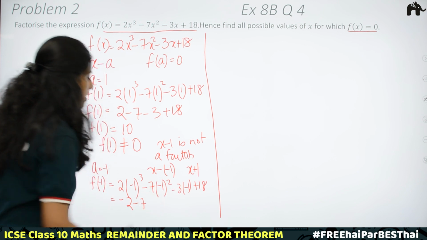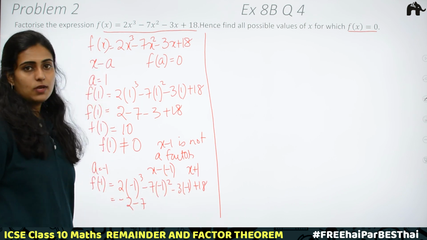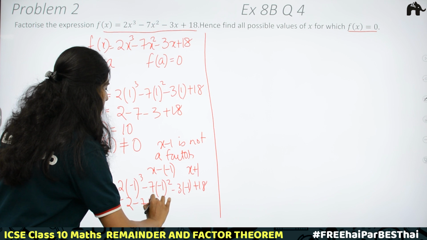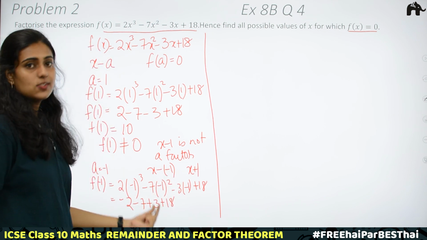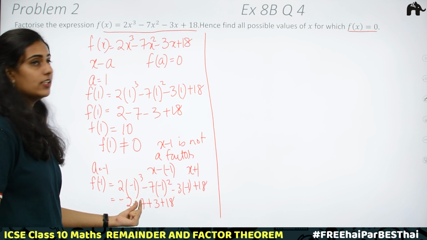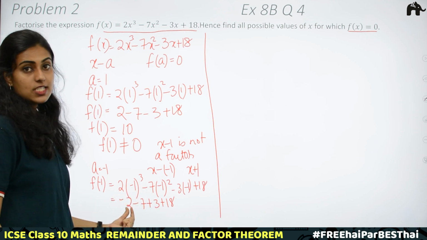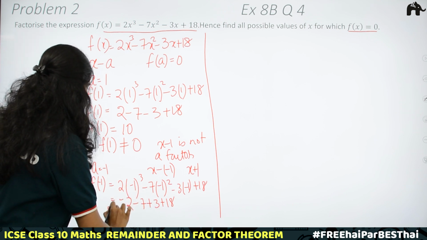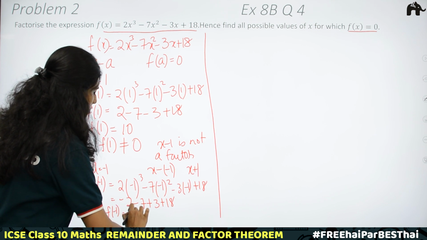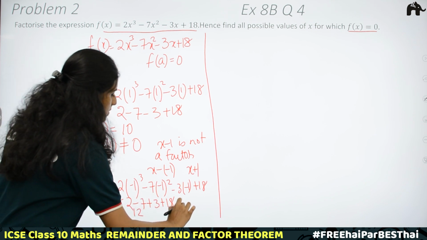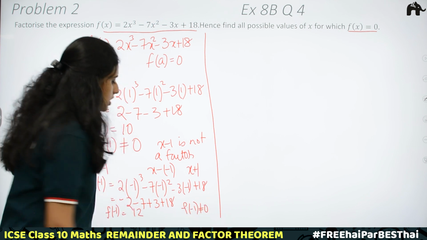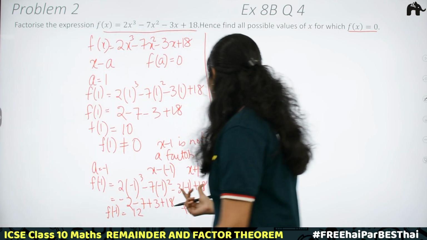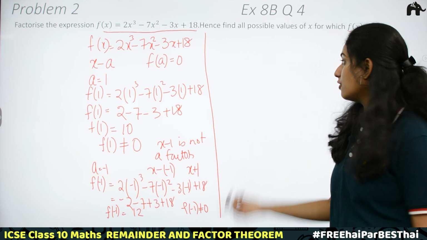That is minus 7. Minus 3 into minus 1 is plus 3 plus 18. 18 plus 3 is 21. 21 minus 7 is 14. 14 minus 2 is 12. f of minus 1 is equal to 12, which means f of minus 1 is not equal to 0, or x plus 1 is not a factor of the expression.